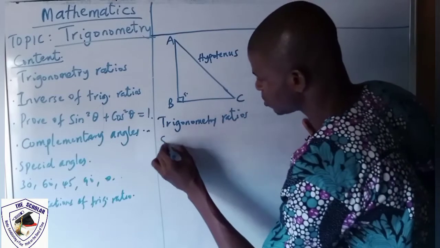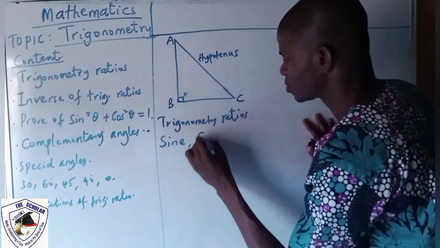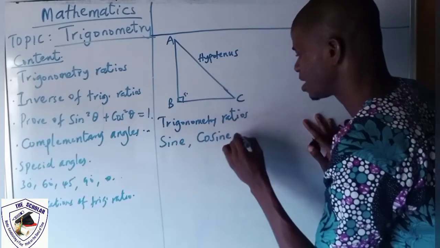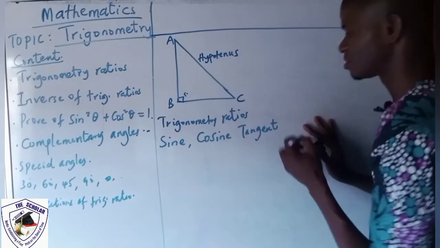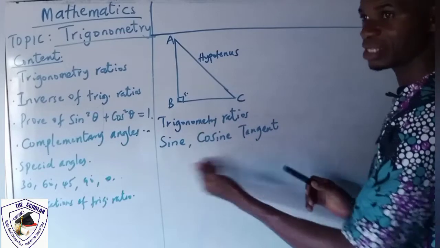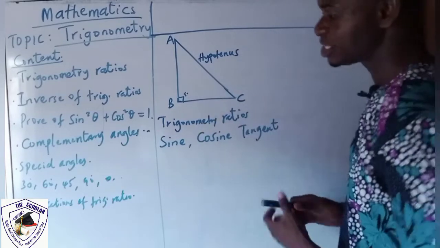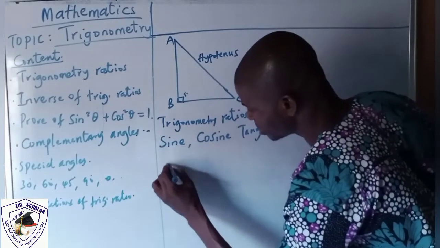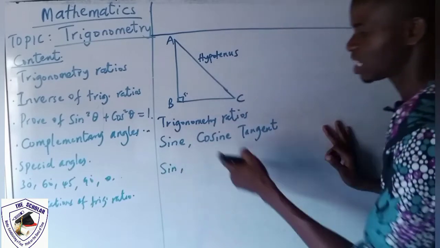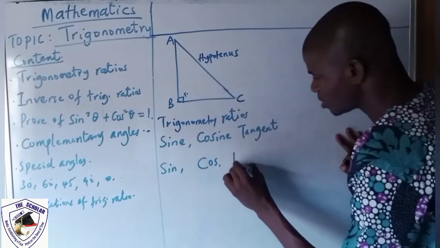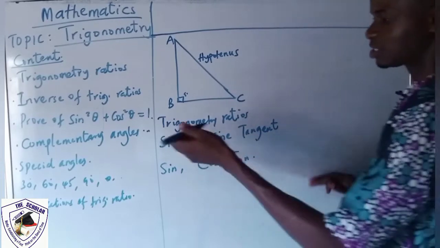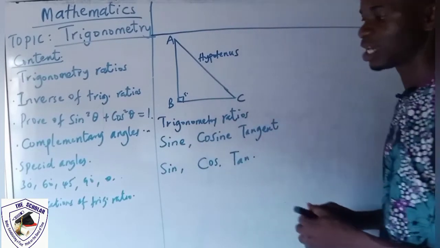We abbreviate these three with their initials. Sine we abbreviate as SIN, cosine as COS, and tangent as TAN. So that is sine, cosine, and tangent.